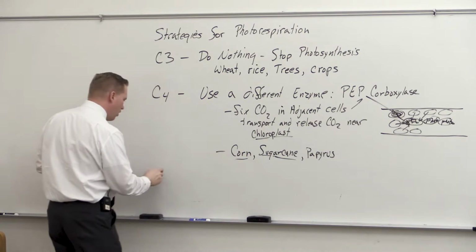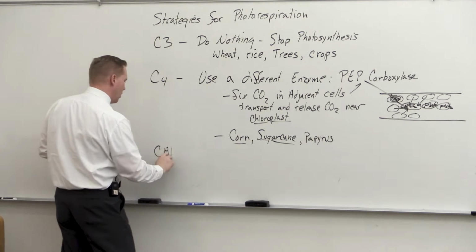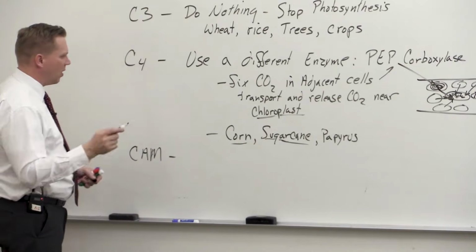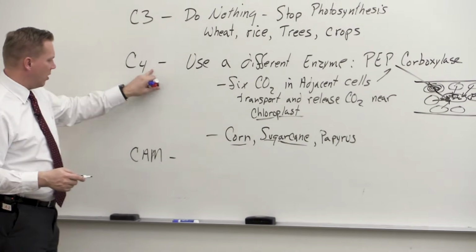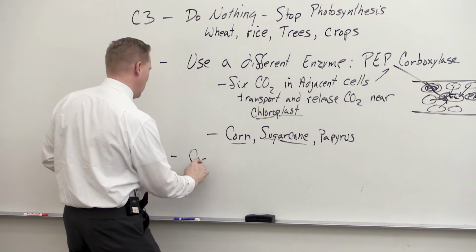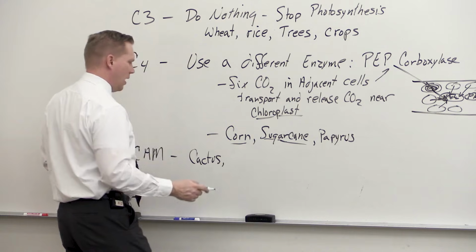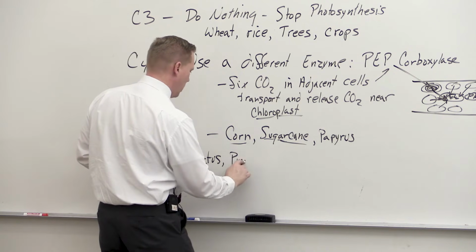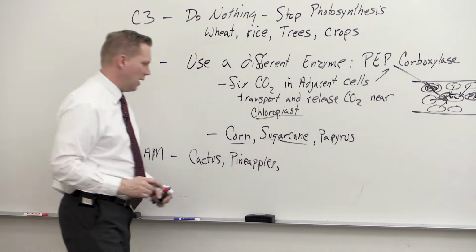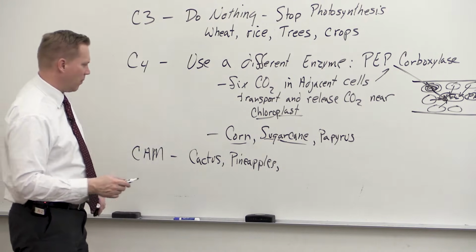There is a third strategy that we call the CAM strategy. CAM is going to be very similar to C4. This is used by succulent plants, things like cactus, actually pineapples do this. And there's some other plants that do this.